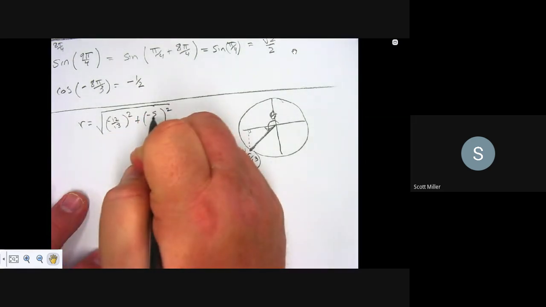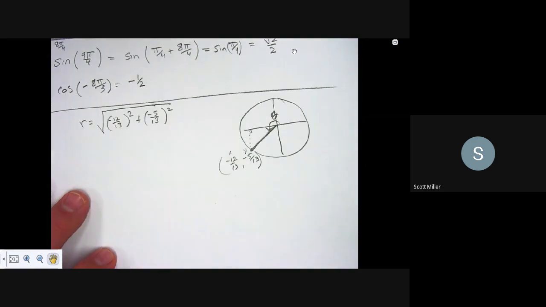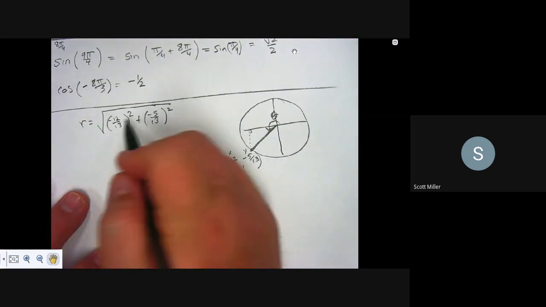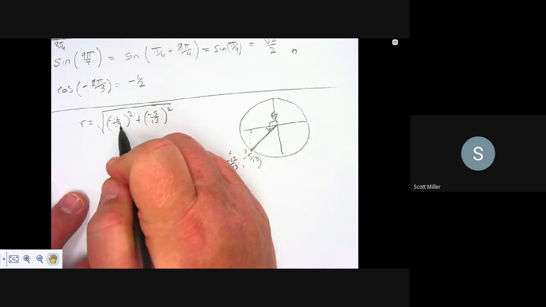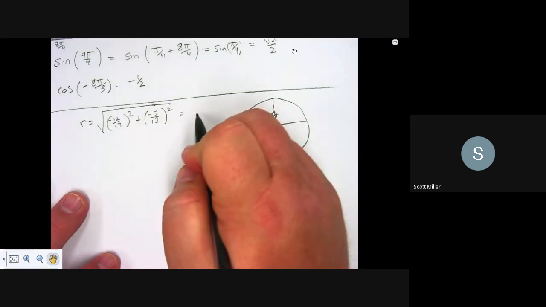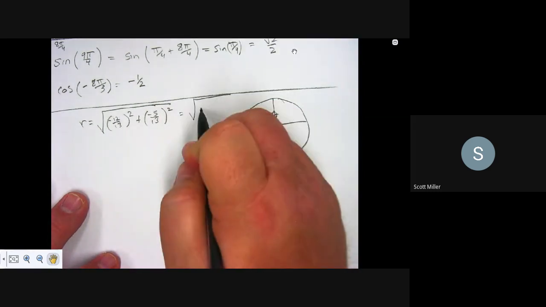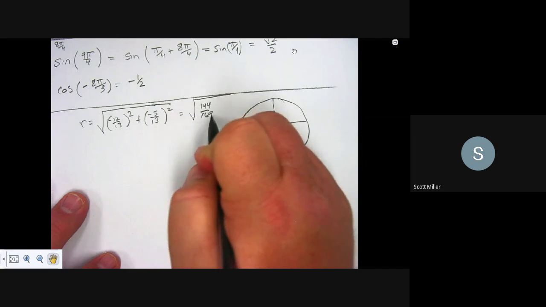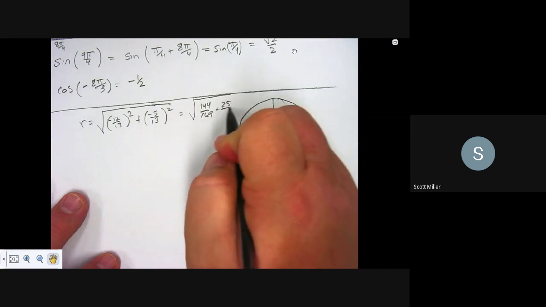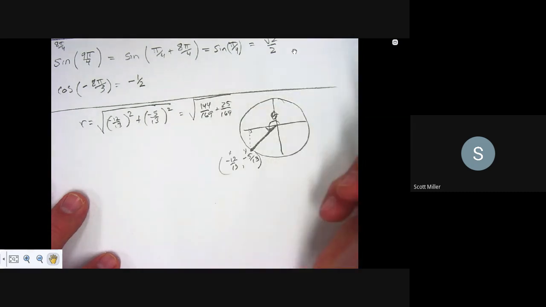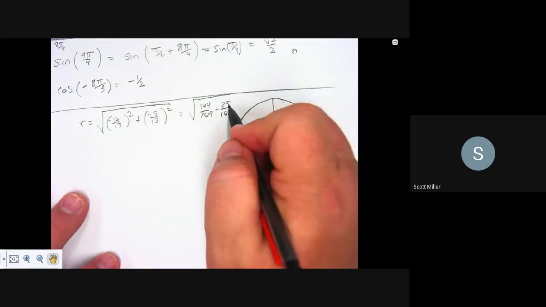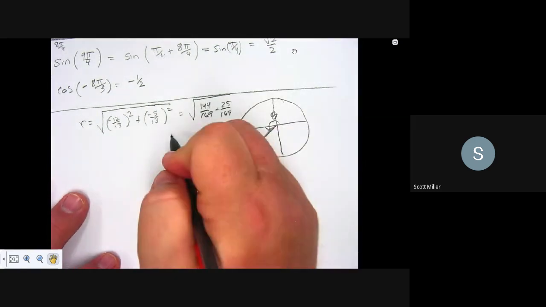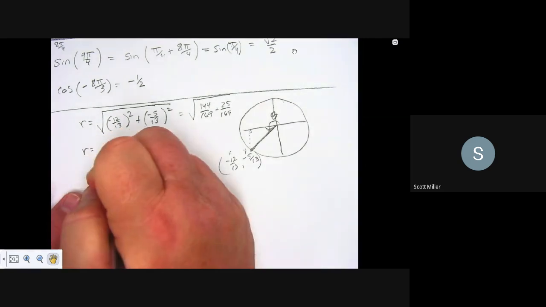Y is a negative 5 over 13, so we need to work this out. Negative 12 squared is 144. This is 169. And so what I have right now is 144 over 169 and 25 over 169. So combine these up and you end up with what? 169 over 169, which is equal to 1. So r is equal to 1.